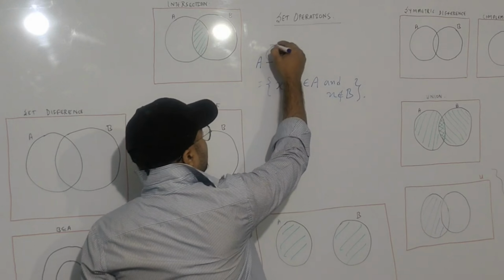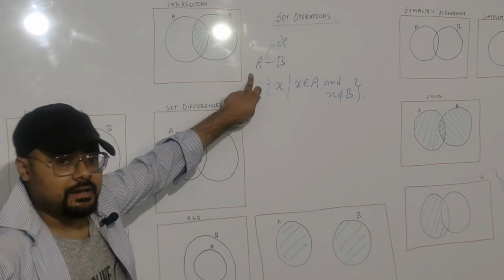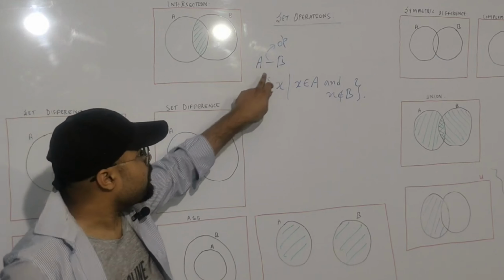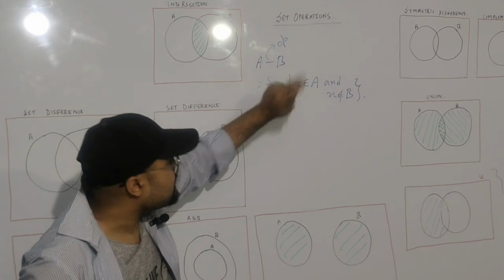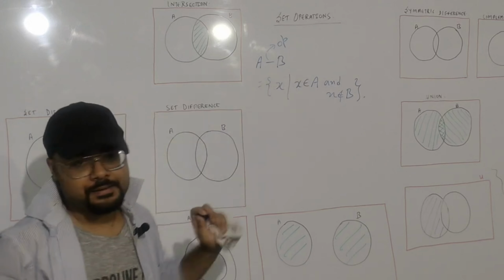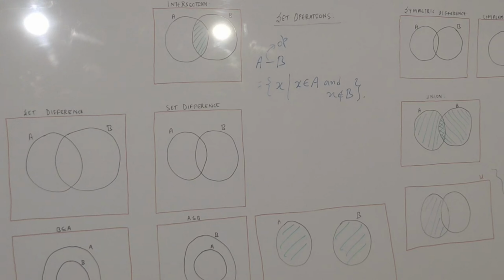If this is your operator, which is minus, and the left operand is A, then those elements of A that are present in B are going to be removed. If these are your two arbitrary sets A and B, then A minus B is this portion.